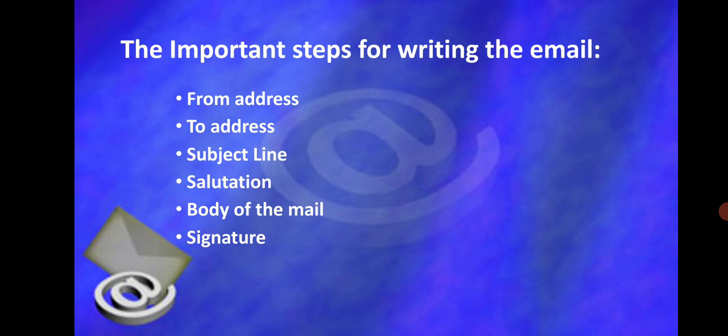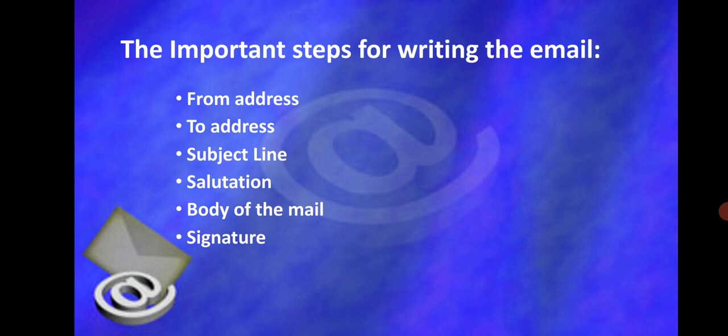You should write your email address. Then comes the to address. There you have to write the recipient's email address. Then, in the next line, you have to write the subject.